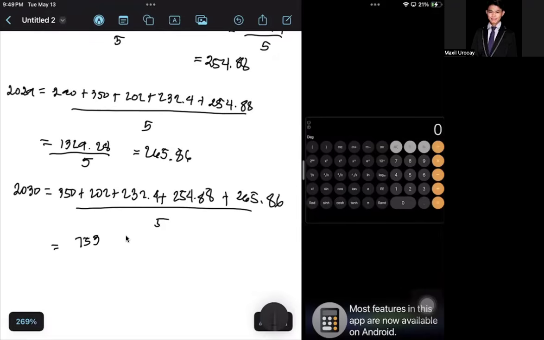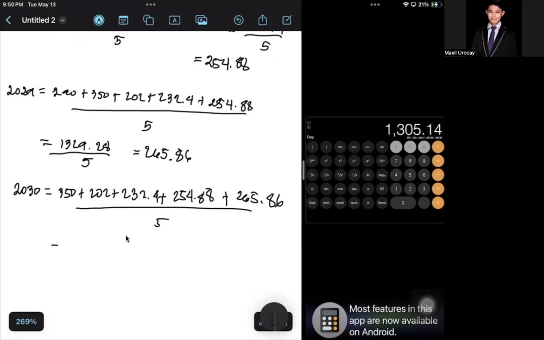Let me recalculate that one. That is not right. So 350 plus 202 plus 232.4 plus 254.88 plus 265.86.